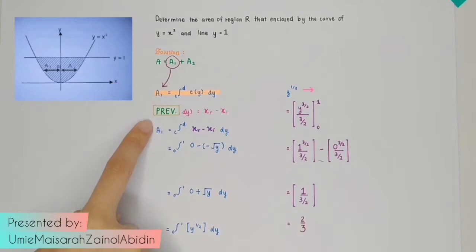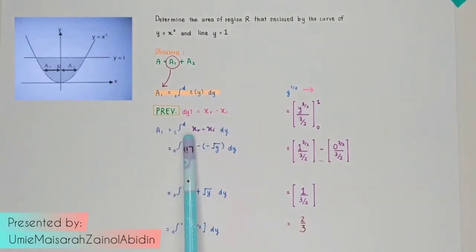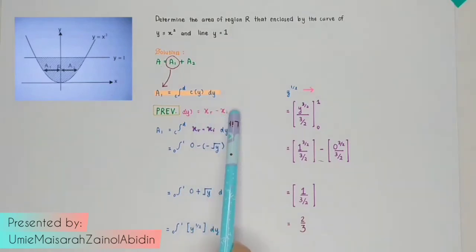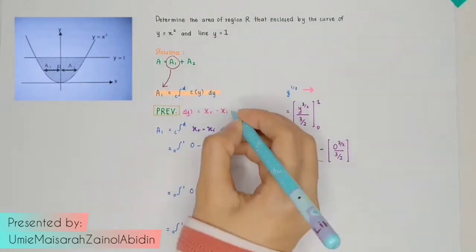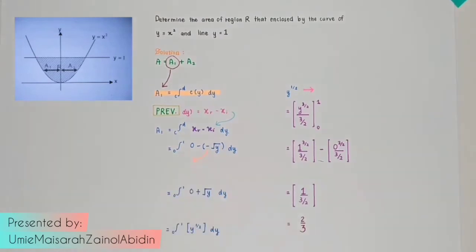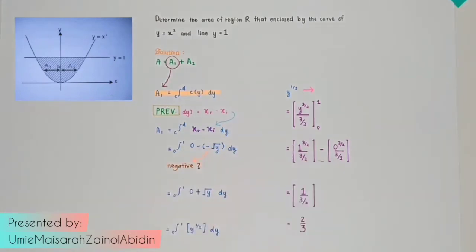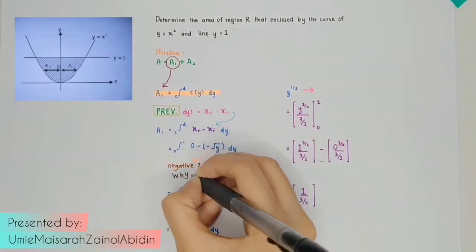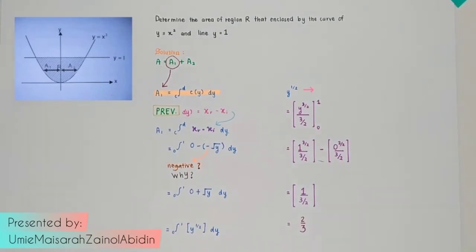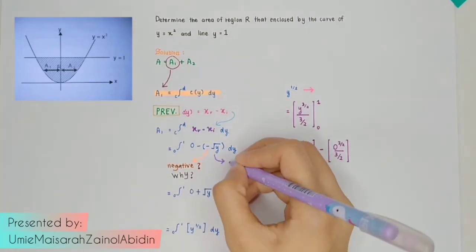I take c(y) from the previous explanation. As you can see, this is a negative symbol. But why? Here I put a negative symbol because this point is in the negative quadrant. For the square root y, here's the explanation.